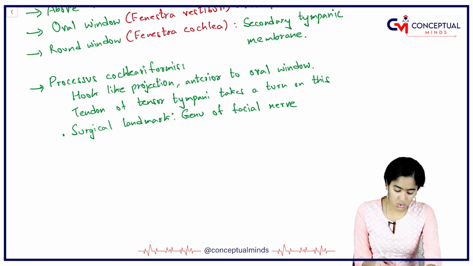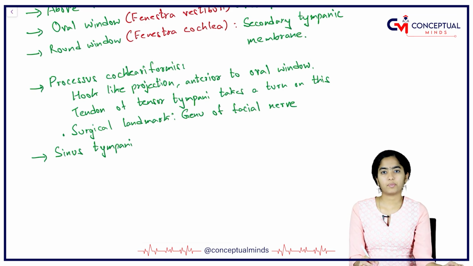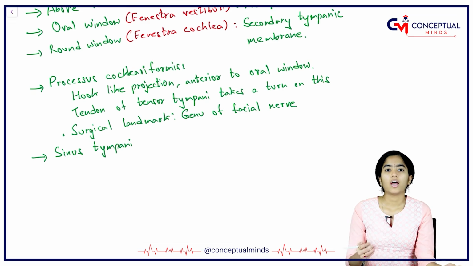Next, there is one more important structure called sinus tympani. What is sinus tympani? It is a deep recess that is present on the medial wall on the posterior aspect.